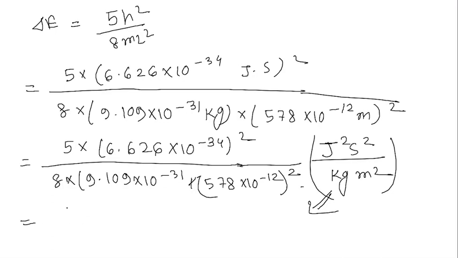You just put it in a calculator, or you can do it by normal mathematics. Minus 19. I am just giving you the value, and we already calculated that the unit will be joule. Okay, one problem solved. If you do it like that, you can solve any problem related to this.